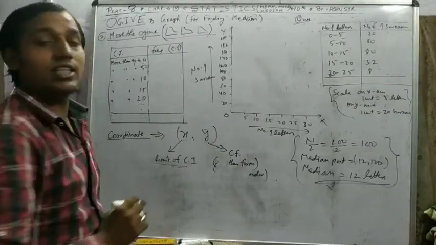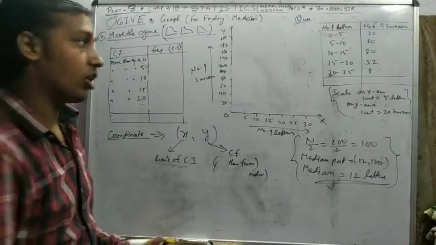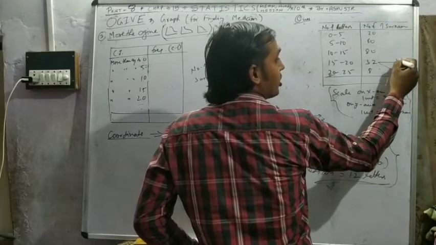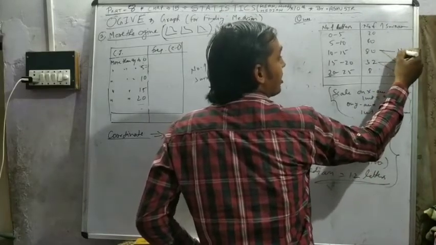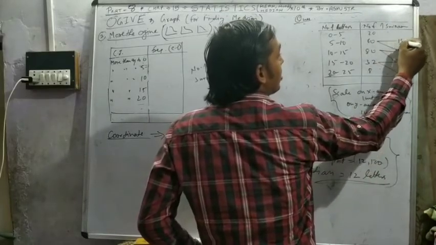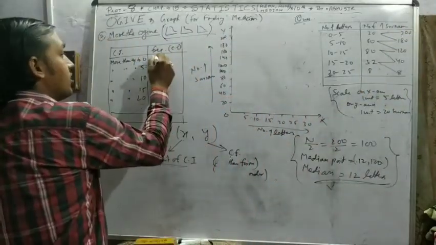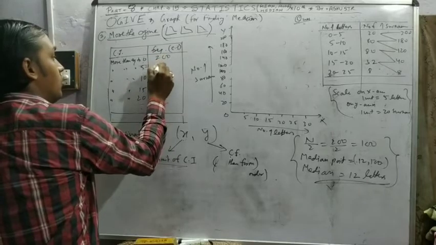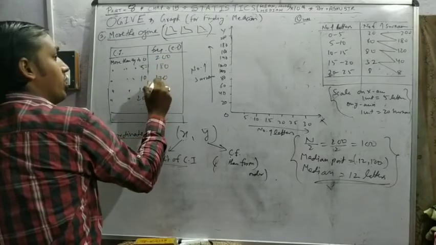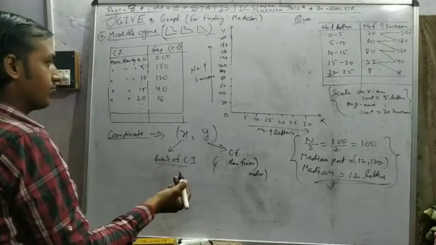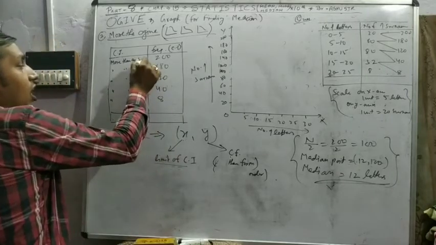Then we have to find the CF, but in descending order, starting from the bottom. 8 the same, 8 plus 32, 40, plus 80, 120, plus 60, 180, plus 20. So we get 200, 180, 120, 40 and 8. Same here, this is the lower limit.